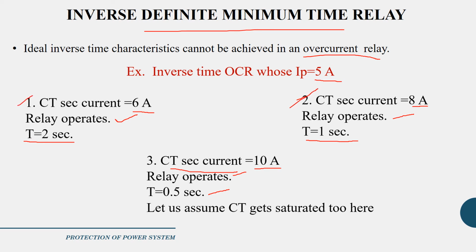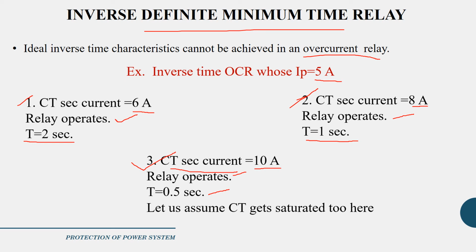Like for the first case, the second case, and the third case, the relay shows inverse time characteristics for different fault currents. But after this, the relay will not show inverse characteristics.